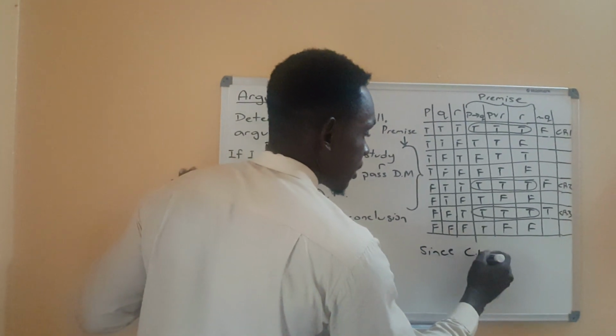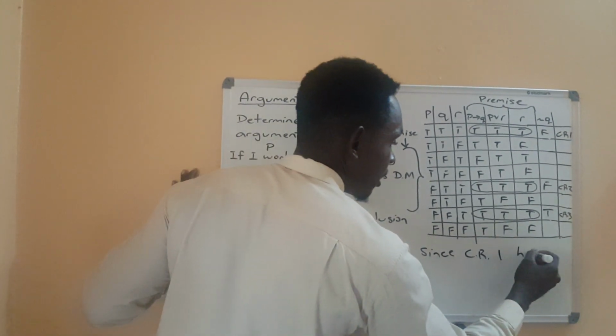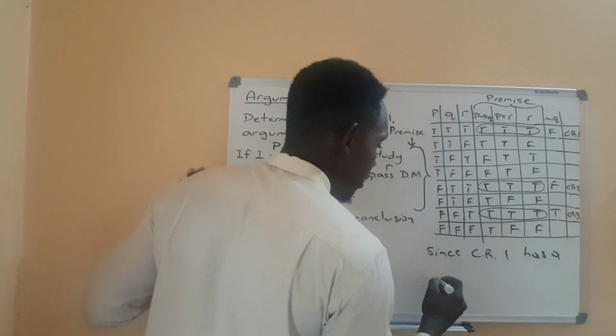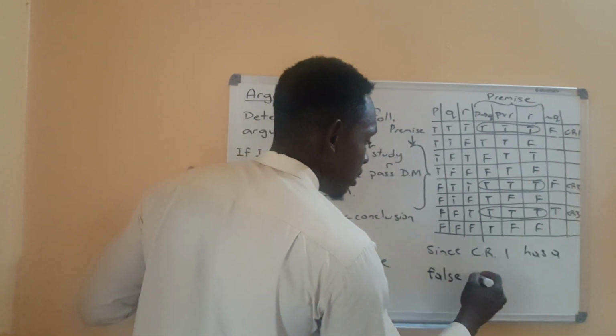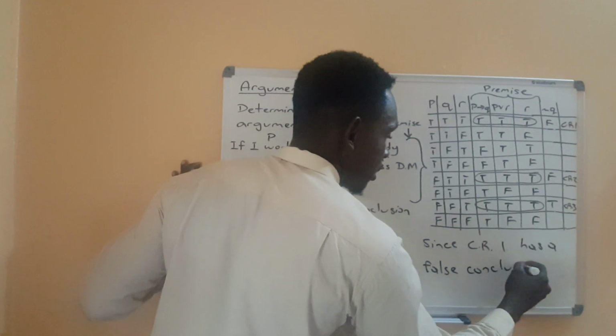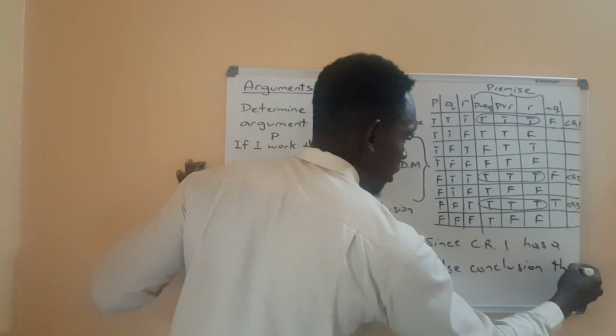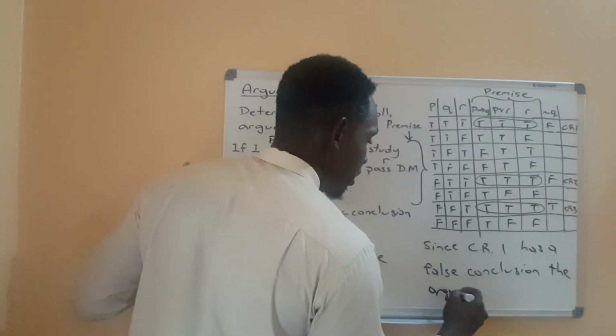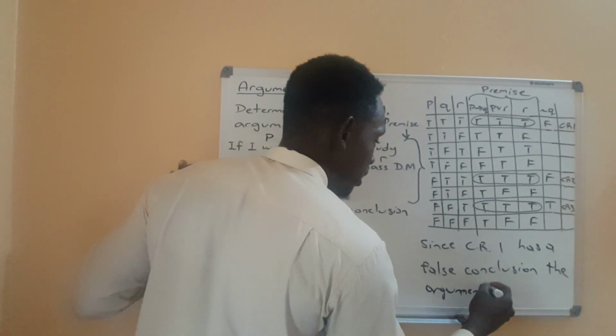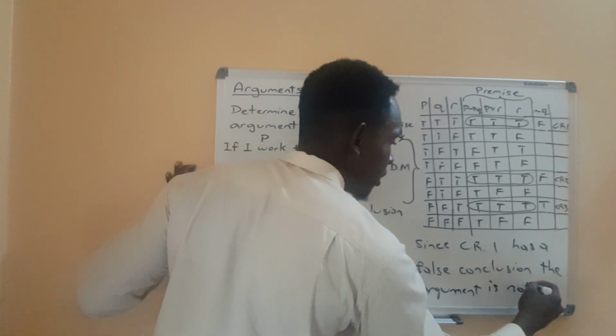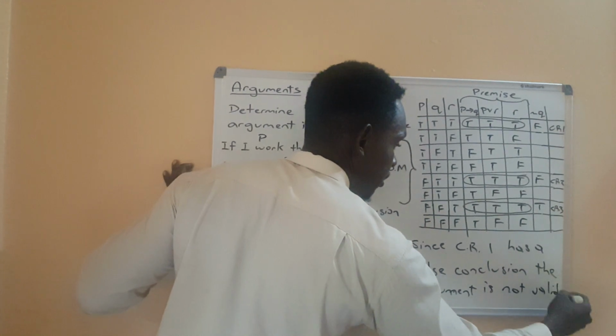So since critical row 1 has a false conclusion, the argument is not valid.